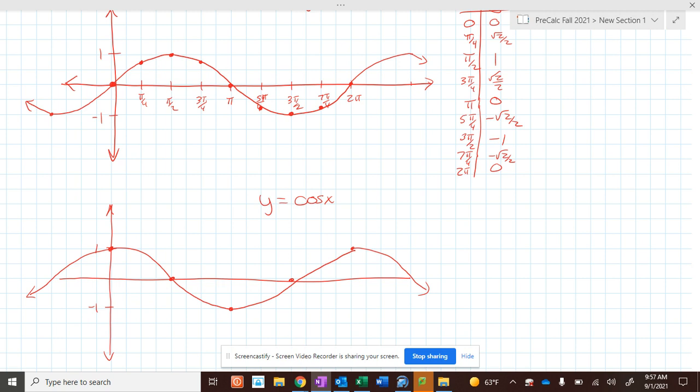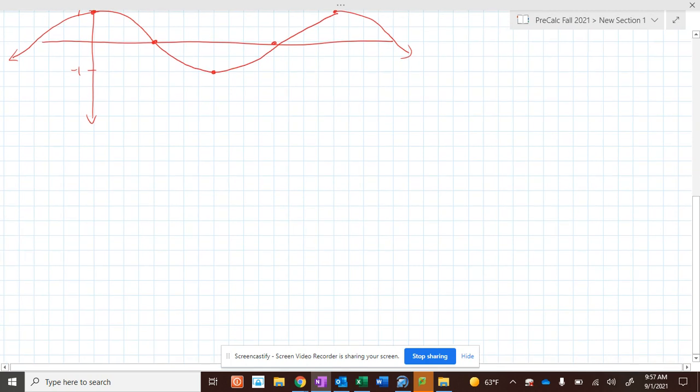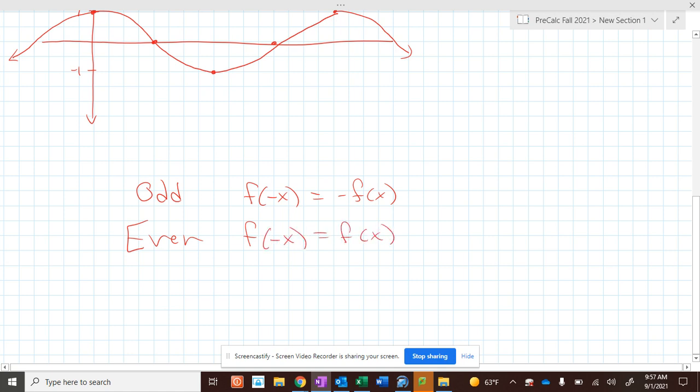Okay? Now, let's talk about even and odd functions. An odd function, f of negative x equals negative f of x. An even function, f of negative x equals f of x. And you're going, well, what does that mean?